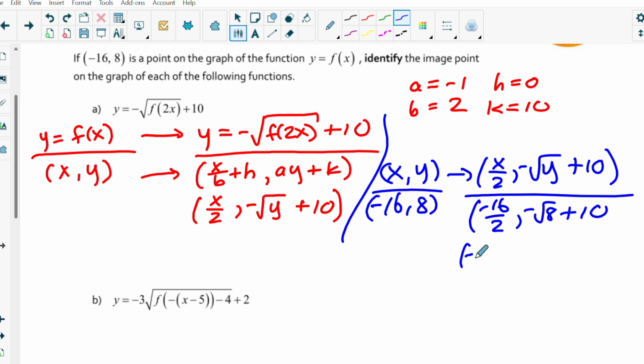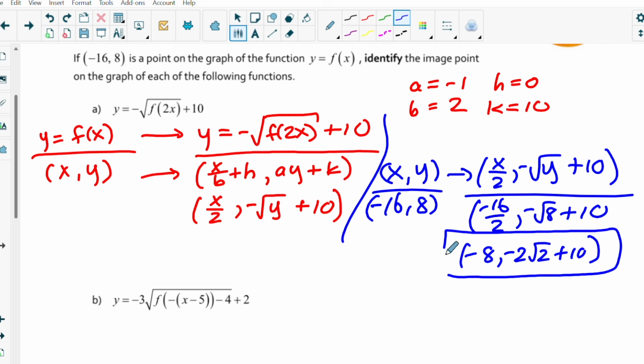And so that is negative 8 and negative 2 square root of 2 plus 10. So that is my new point right here.